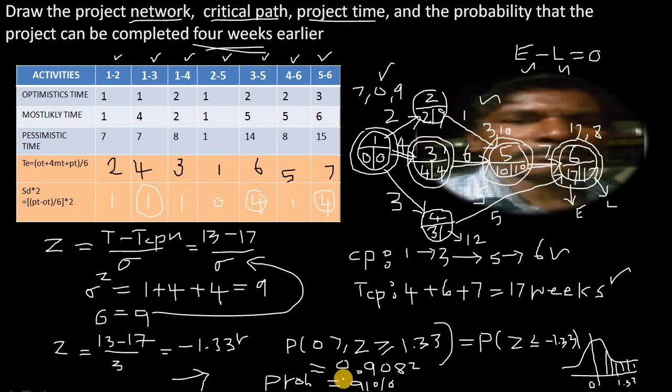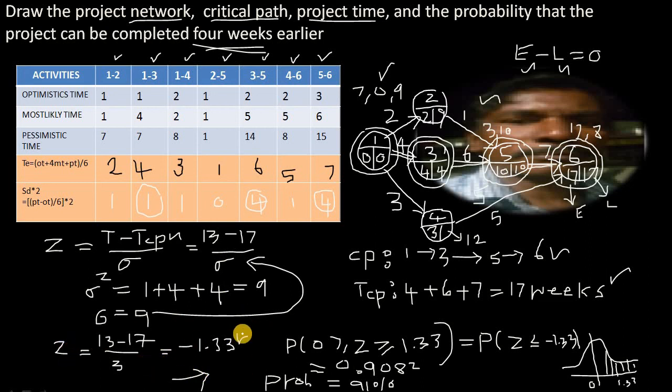To find the probability that the project can be finished within a targeted time, we need to calculate the normal variate z given by the formula z equals T minus TCP divided by sigma. T is the targeted time they are expecting, TCP is the expected time that comes from the critical path calculation, and sigma is the standard deviation, obtained from the variance sigma square through the critical path. We substitute that here and get one value for the normal variate.